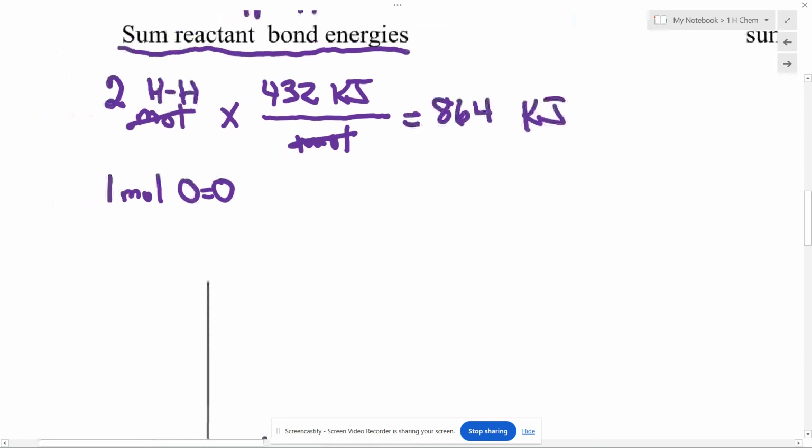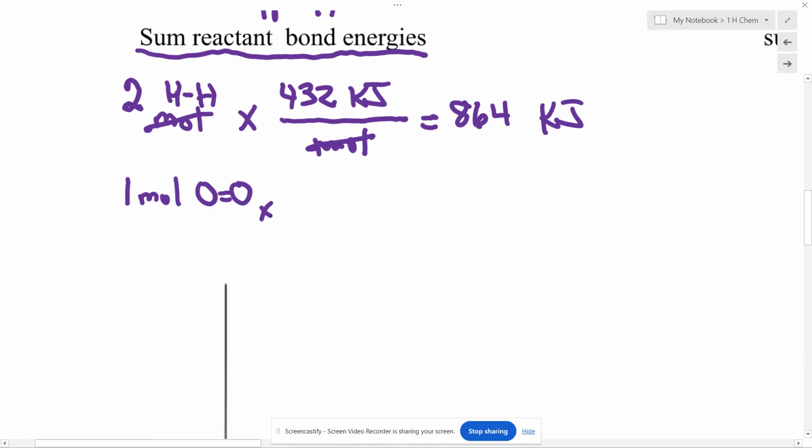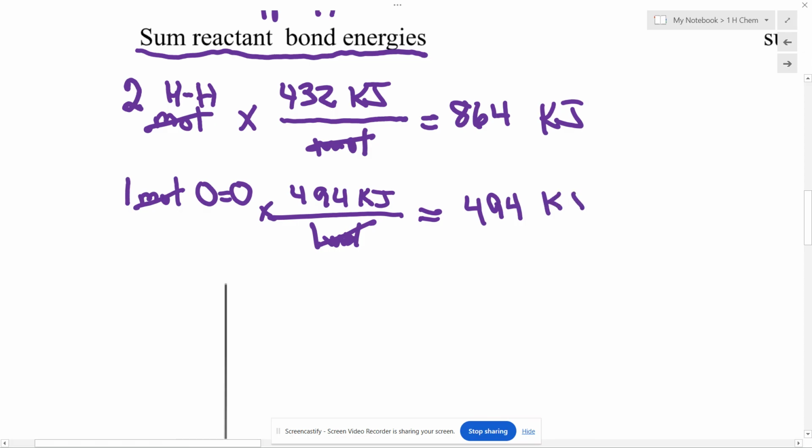So the moles cancel out here, they factor out, and we get 494 kilojoules. So we add these together and we get 1,358.